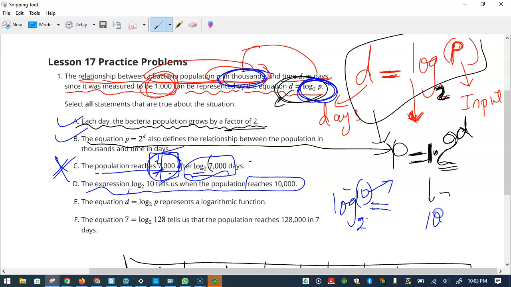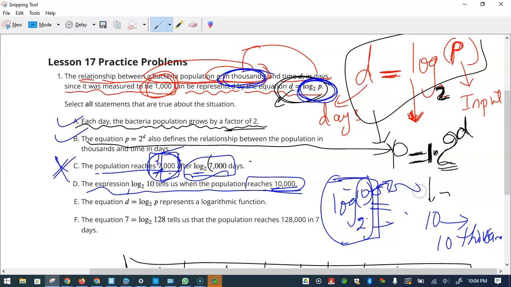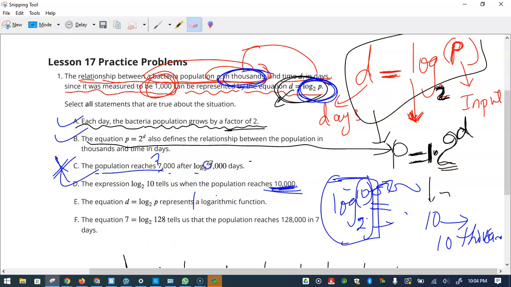So 10 means 10,000. So this is correct. So this is log of 10 to the base 2. Basically, this means it is the number of days. So this basically is the number of days to reach 10,000. So this expression tells us when, and when means number of days. So how many days it required to reach 10,000. So this is correct. And finally, we have two more.